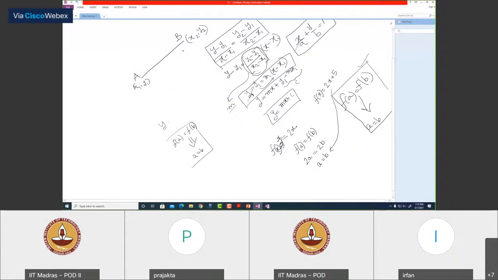Sadly, for surjective, such a technique does not exist, which is a problem, so you have to do it from the definition only. And if a function satisfies both injective and surjective, then it is bijective.